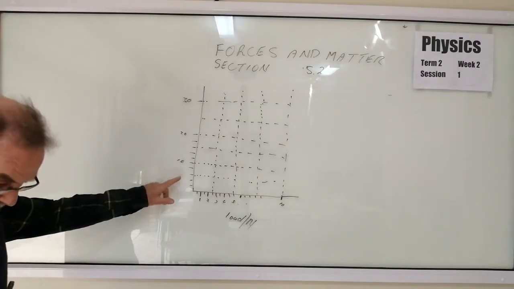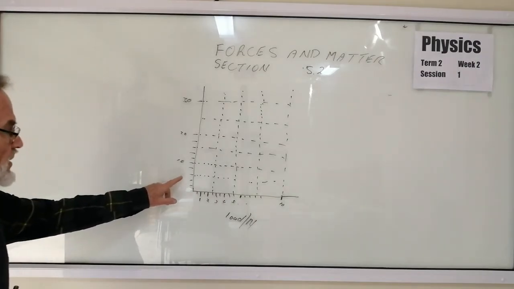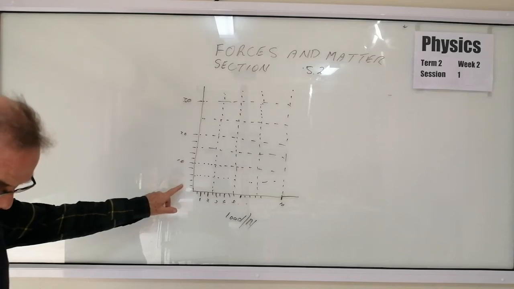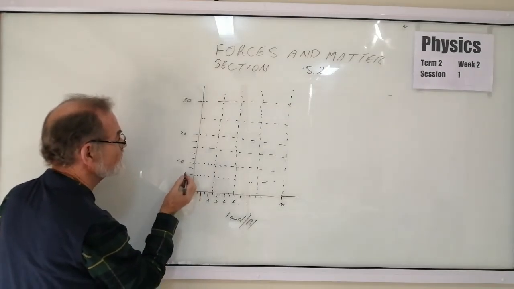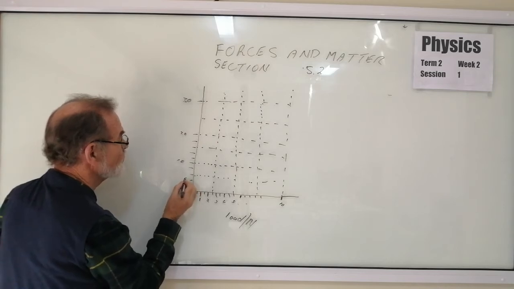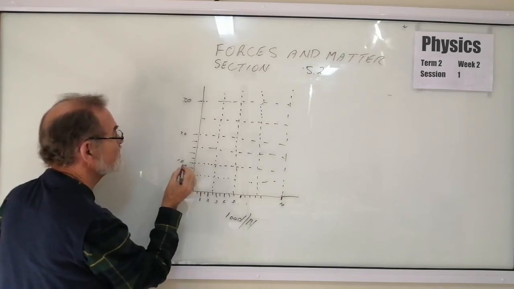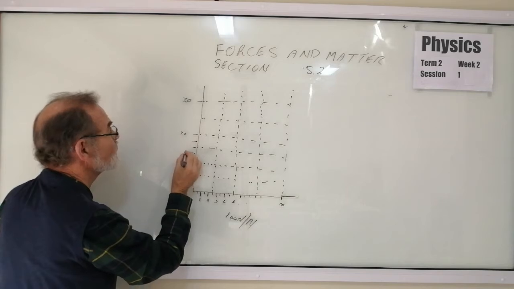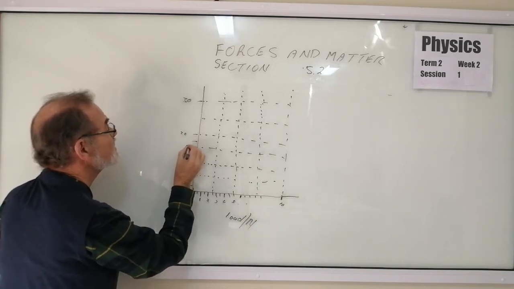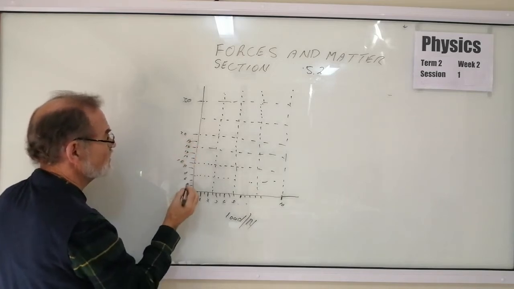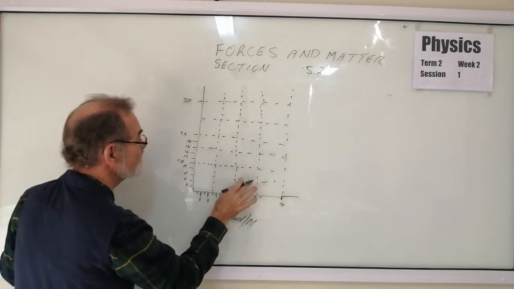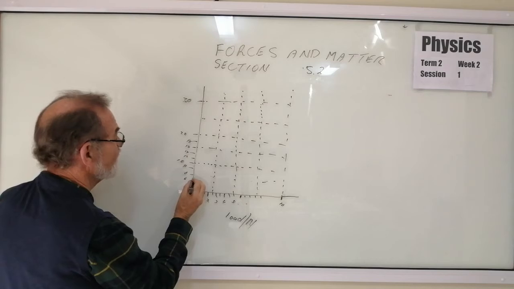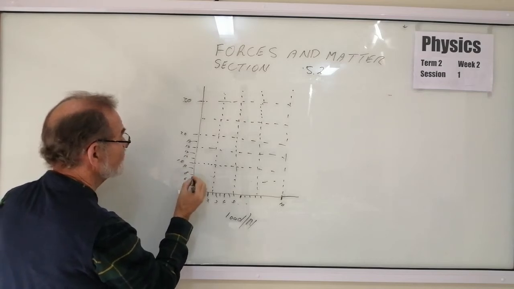This first line is actually going to fall between 4 and 6. So this is going to be 2, 4, 6, 8, 10, 12, 14, 16, 18. So this pencil line is actually halfway between 4 and 6, which is 5.